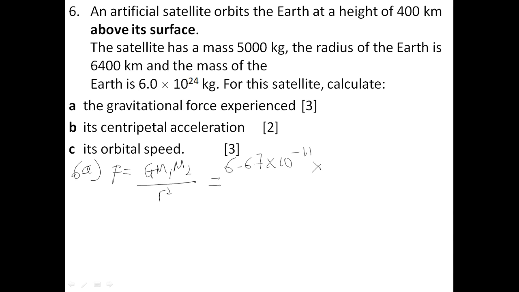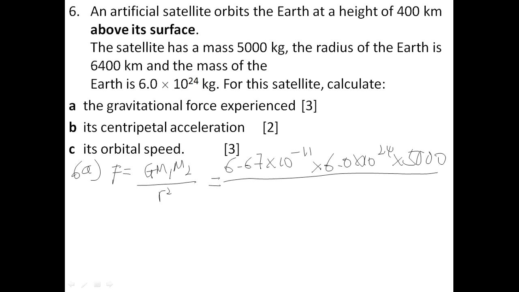Now, what is the mass of the Earth? It is 6.0 times 10 to the power 24 kilogram. Now, what is the mass of the satellite? It's 5,000 kilogram. Divided by, now, just now I mentioned, be careful on the questions where it says above its surface.